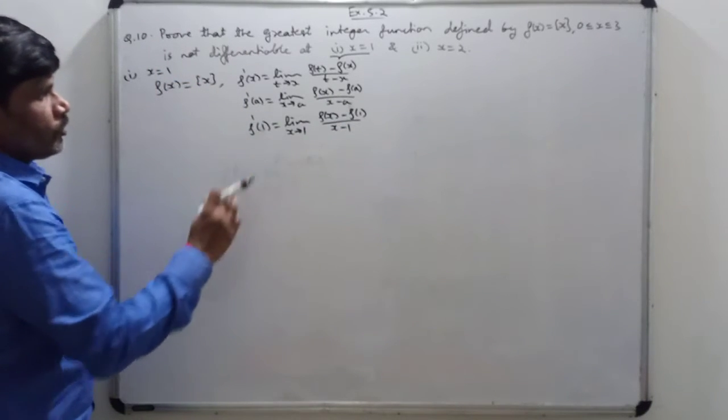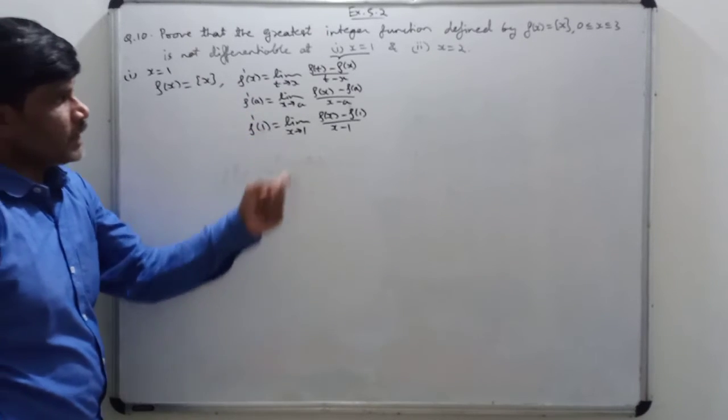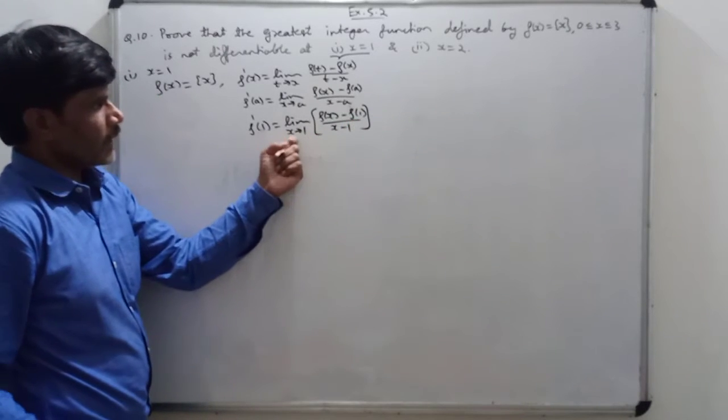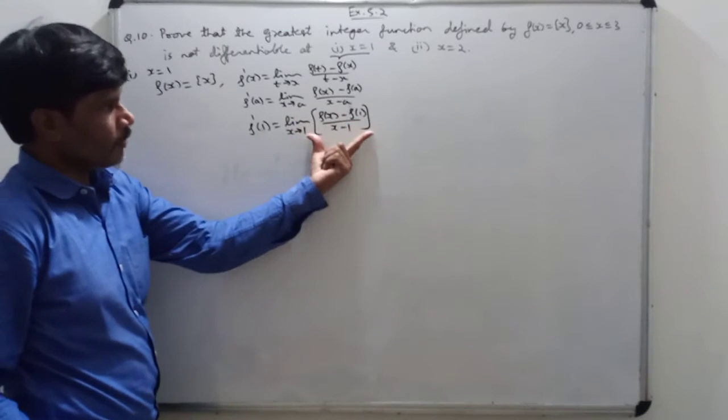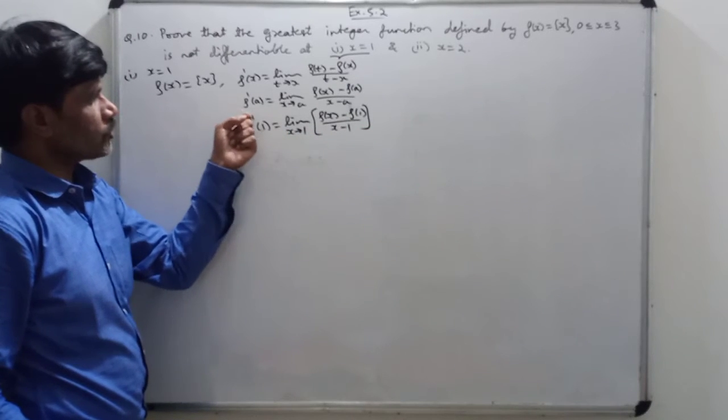Now we want to show that the function is not differentiable at 1, meaning I will show that the limit of this function at x = 1 does not exist. If the limit does not exist, the function is not differentiable at 1.